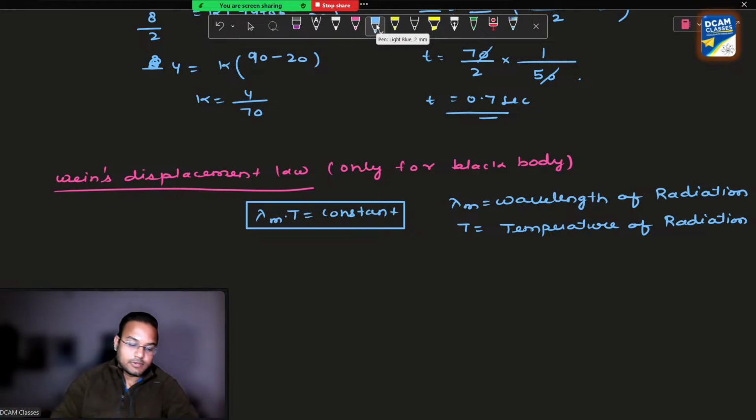That's Wien's displacement law. Okay, now let's solve some questions. Concept-wise, the topic is over.